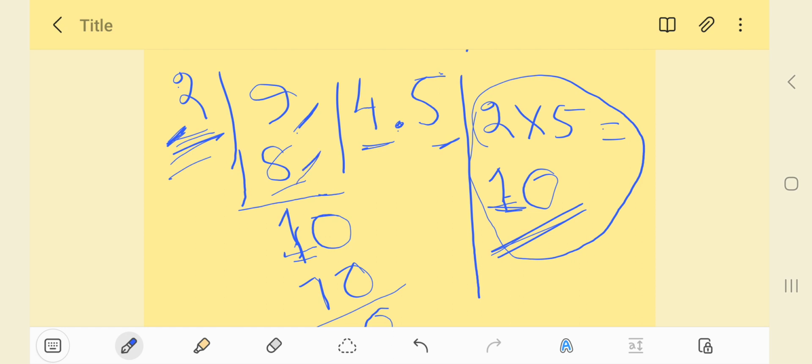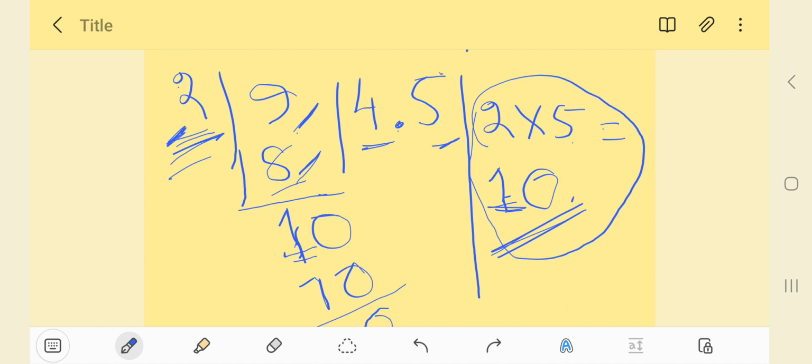So 8 was still smaller than this number, which fits nicely. When we went to 2 times 5, it came to a bigger number, which is 10, and it does not fit with this 9 because it is bigger than 9.